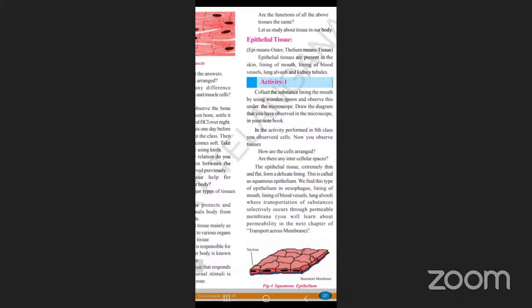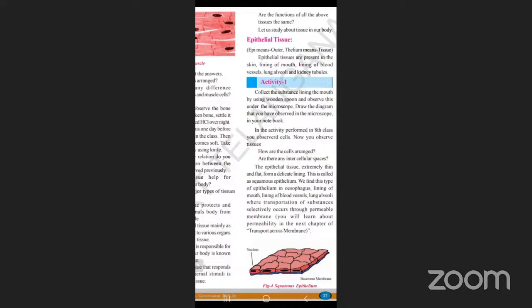Multicellular organisms, which consist of more than one cell, show division of labor. Different groups of cells, which are considered tissues, can perform different functions. So, are the functions of all the above tissues the same? No, different tissues perform different functions.